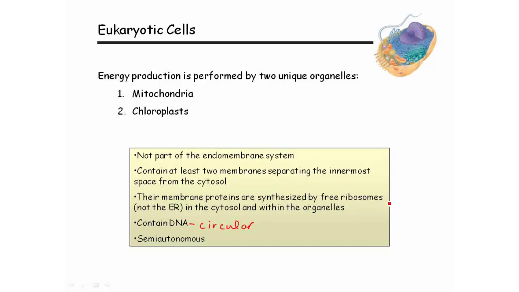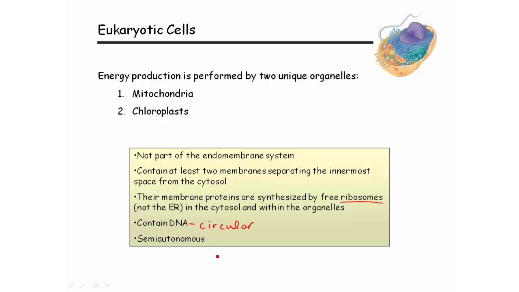There will also be some ribosomes inside the mitochondria and the chloroplast. This means that these compartments can make a lot of their own proteins, and they've got the genetic information to do that. So they are somewhat self-sufficient. We refer to this as them being semi-autonomous.